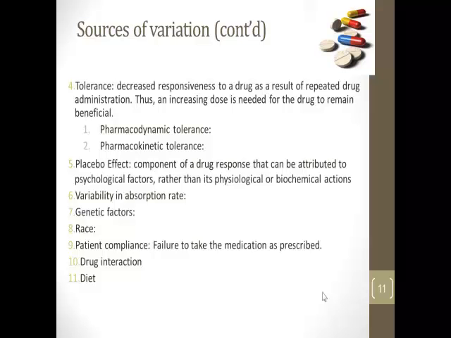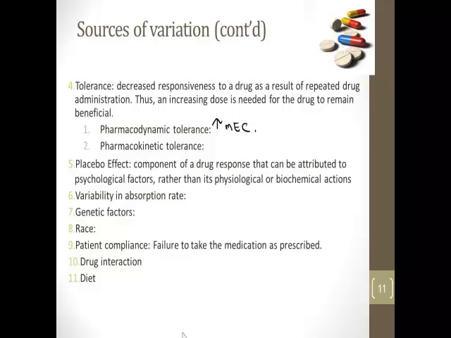You can have pharmacodynamic tolerance, which increases the minimum effective concentration, so the start of the therapeutic levels is increased. Instead of a person getting therapeutic relief at 10 mg, they only get therapeutic relief at 20 mg, right? So that's an increase in the pharmacodynamic tolerance.